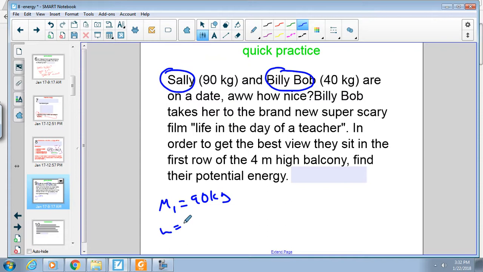Height equals 4. So it should be 90 times 10 times 4, and that should equal 3,600 joules of energy.